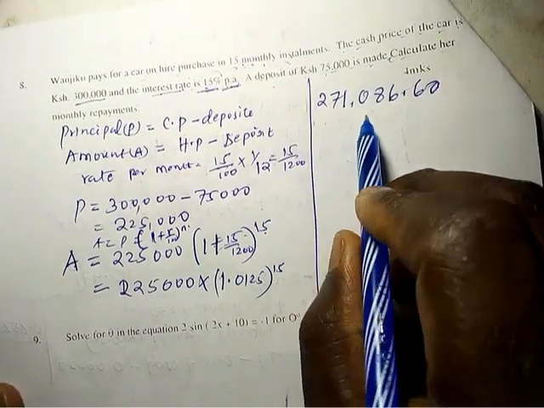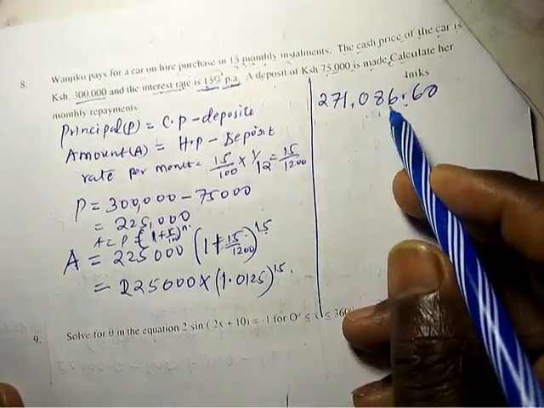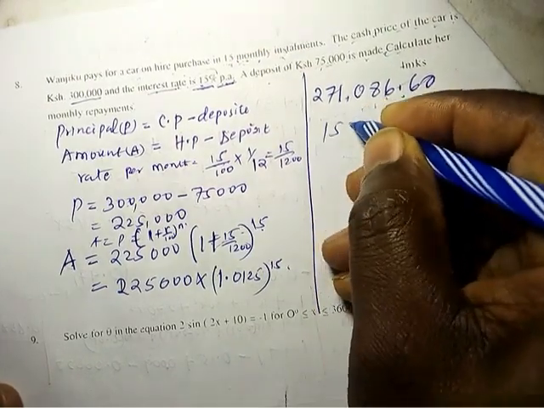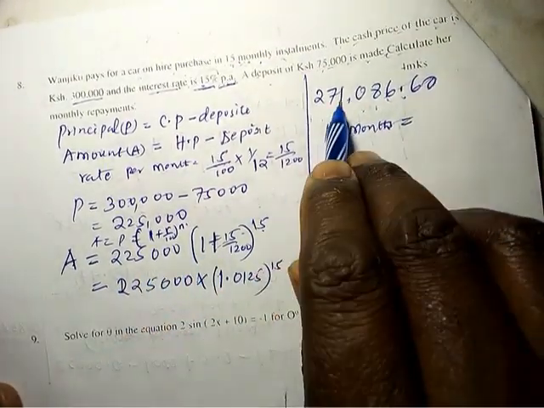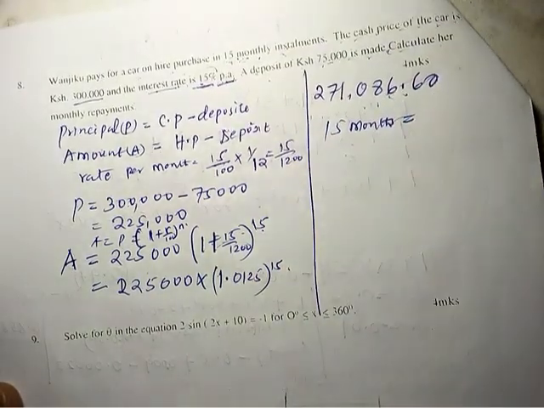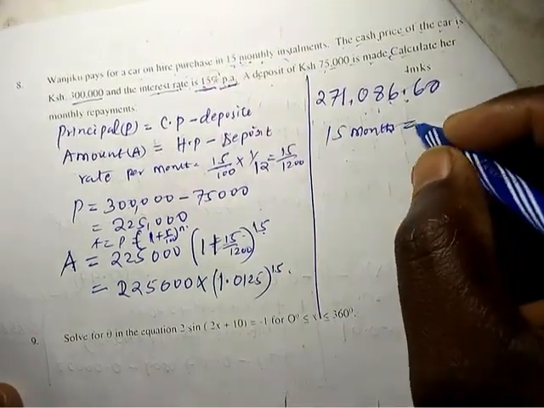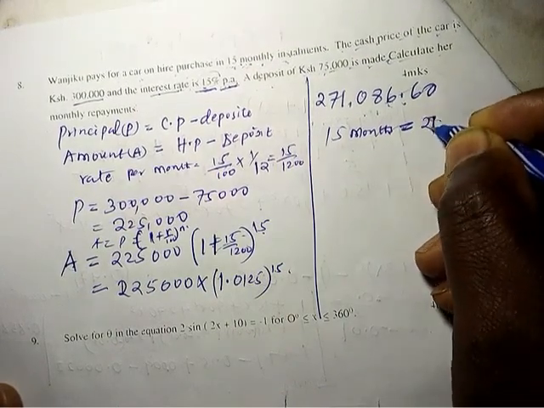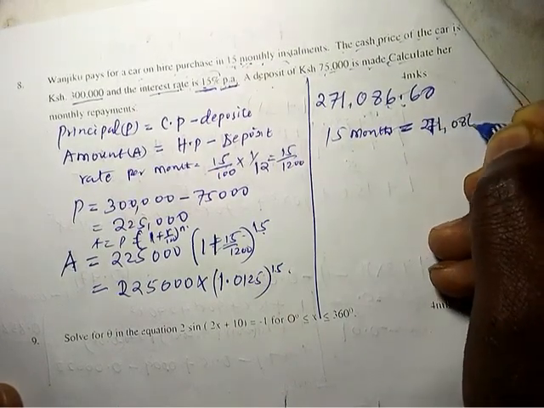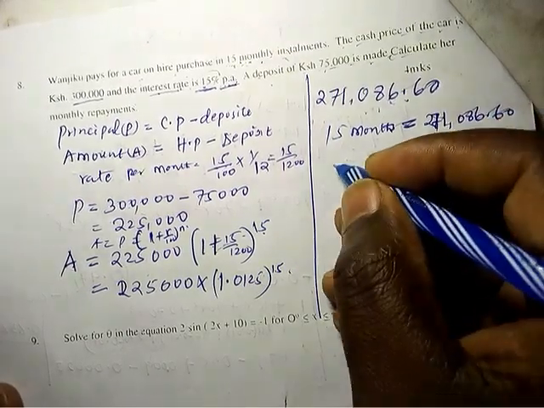So this will be the amount paid for 15 months. So 15 months is equal to 271,086.60. What about 1 month?